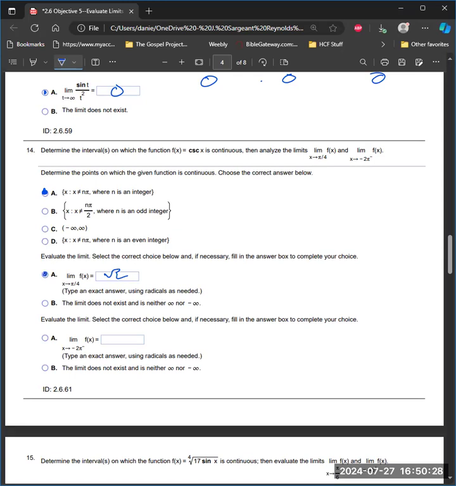And then as I approach -2 pi from below, so more negative than -2 pi, I'm going to be coming from this side here, and the sine value will be positive, so this is going to go towards -2 pi, smaller value.